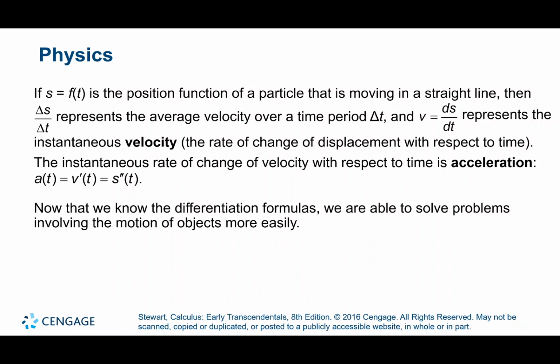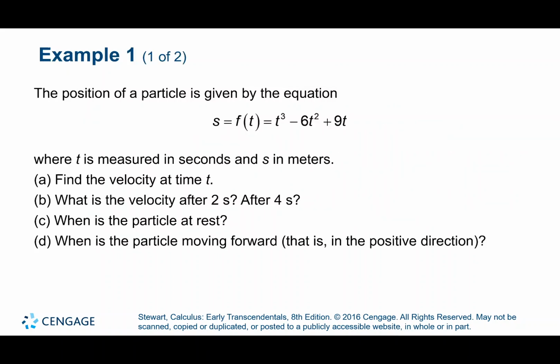The big takeaway we've had is that if we have the position formula for something, so there's an equation for the position of a particle, then if we take the derivative of position, we get velocity. If we take the derivative of velocity, we get acceleration. And we mentioned we can keep going, down to the funny ones like snap, crackle, pop.